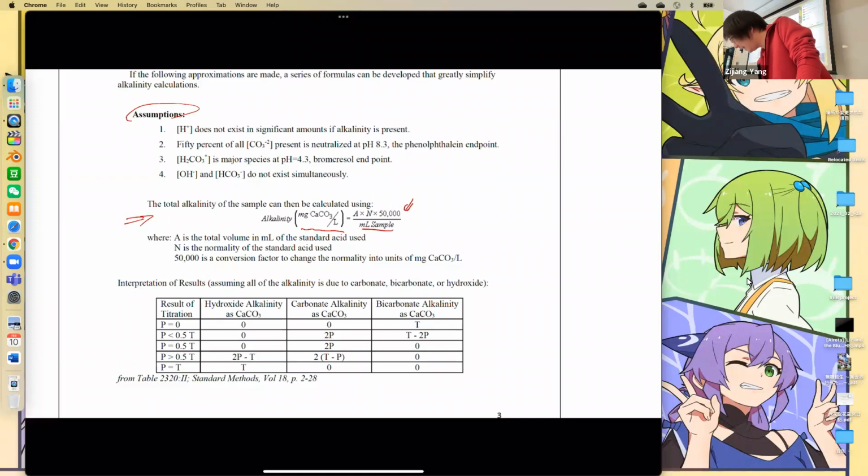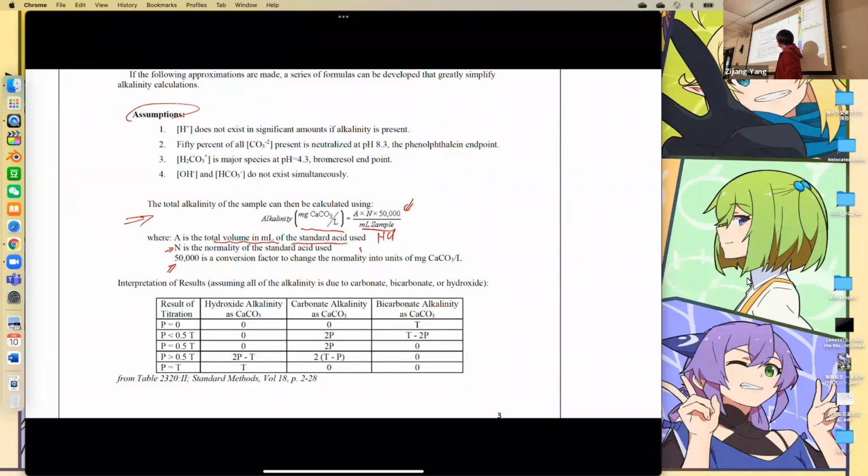Here A is the total volume in milliliters of the standard acid that we used, like HCl. And N here is the normality of the standard acid we used. In the case of HCl, the normality is 1 because it provides 1 H plus. And this 50,000 is a conversion factor, so we can just remember this.